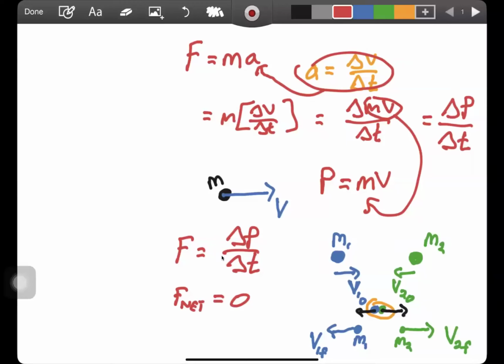And so again, if force can also be expressed as delta P over delta T, that's the change in momentum over the change in time. So that means that the change in momentum over the change in time is 0. If the change is 0, it means it's constant. And so P is constant. That's another way of saying it's not changing.